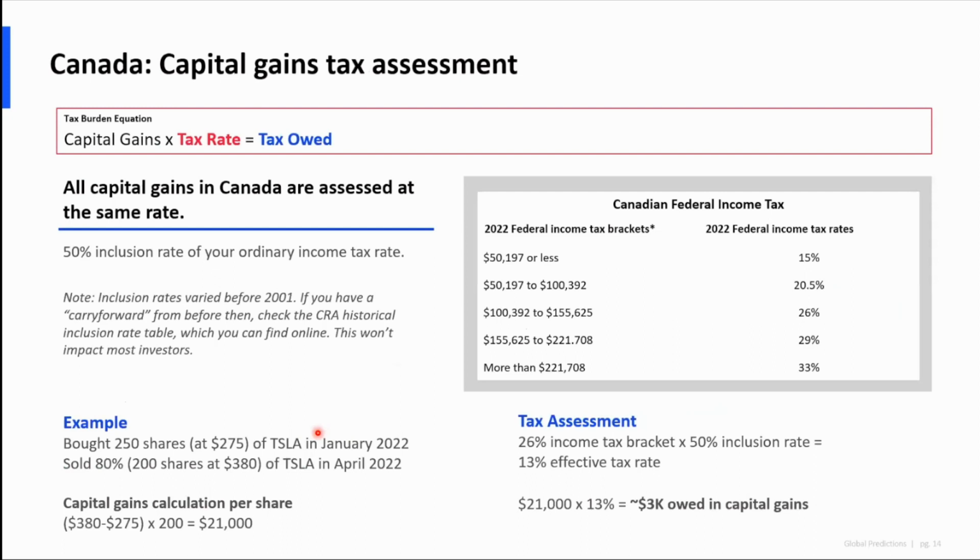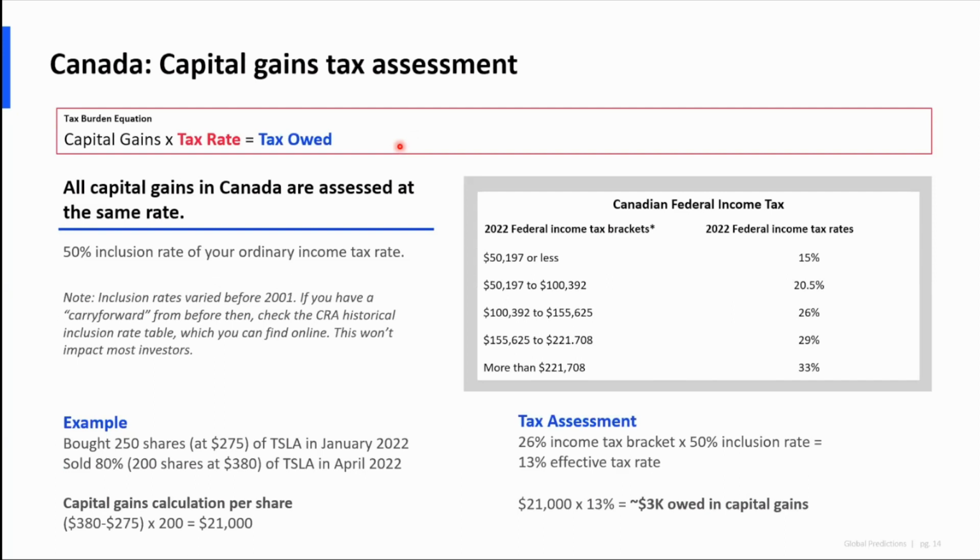So anyway, just to go back to this equation, that's how you get the capital gain. You're going to want to multiply that by the tax rate that is relevant to you, and then you'll get the tax owed. In Canada, where I think most people here are joining from, it's basically based on your normal income tax rate.